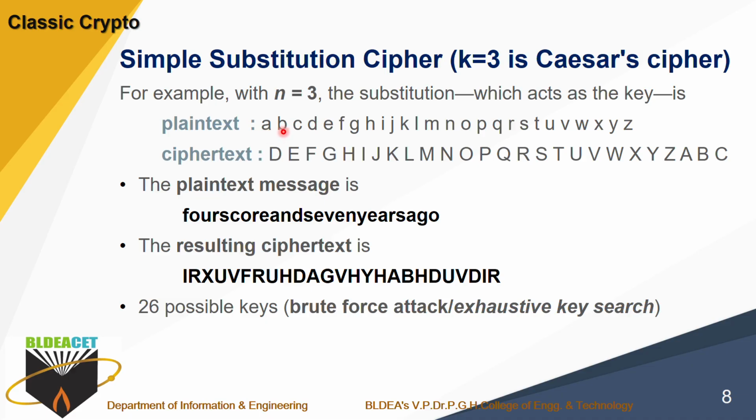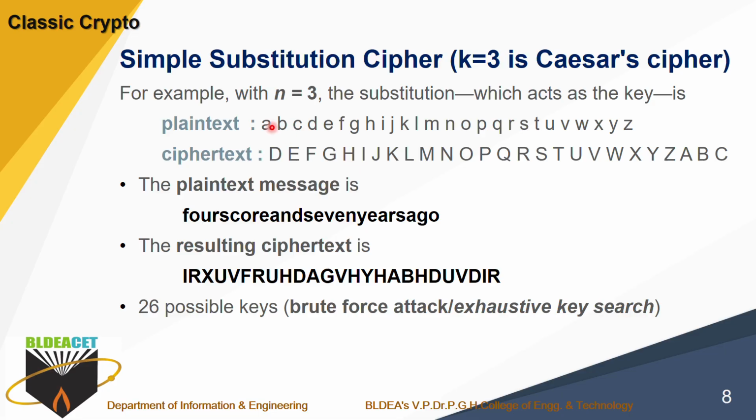After A: B is 1, C is 2, and D is 3. So in this third place, what is the alphabet? That one you will substitute, so in the place of A you generate the secret code D here. In the same way for B: 1, 2, 3, that is E here.